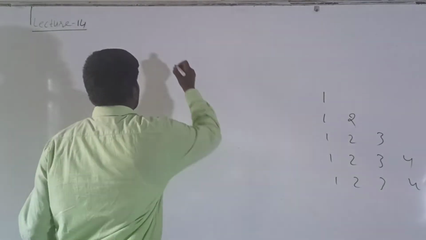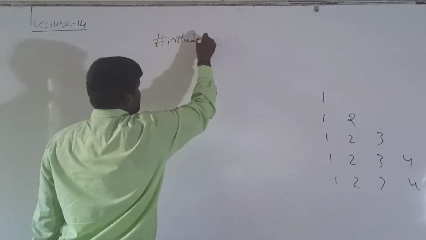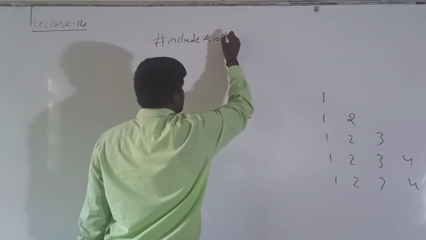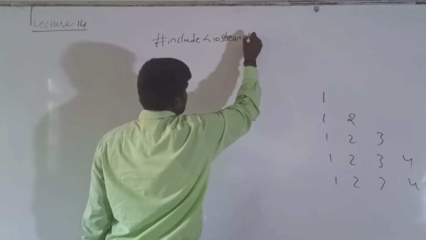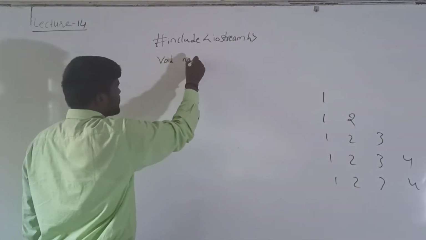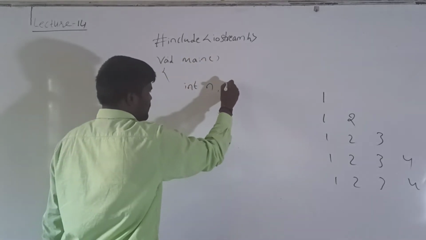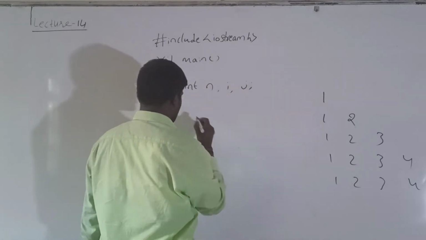Okay, #include <iostream.h>. Next is void main, int n, i, j.